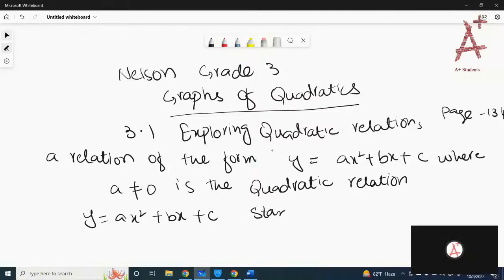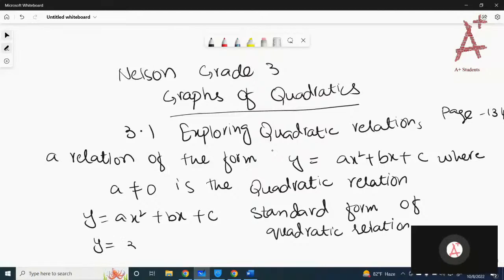That is the standard form of the quadratic. Whenever you see any equation written in this form, like y equals 3x squared plus 4x minus 2, they are exactly the same. That means this equation is a quadratic equation. Got it?